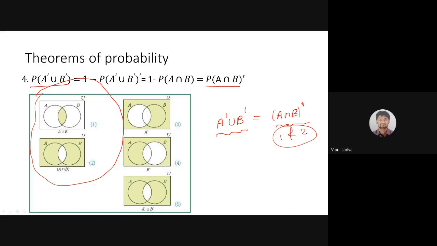So I'm taking two sets A and B. In the first Venn diagram, I had given the caption A intersection B, that means the shaded region in that diagram is the region which indicates A intersection B. That's what I had given as the caption below.